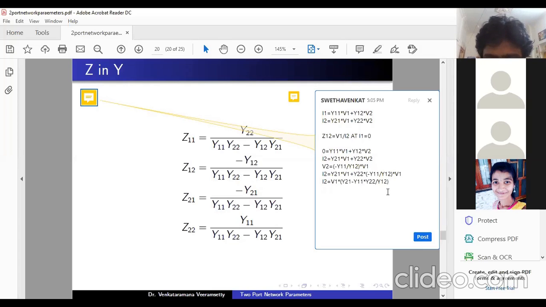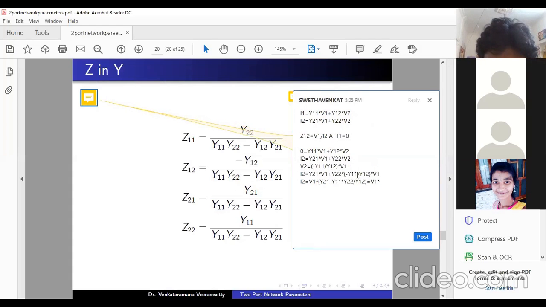So now Z12 is defined as V1 by I2, and we can expand this expression as V1 multiplied by Y21 into Y12 minus Y11 into Y22 divided by Y12.